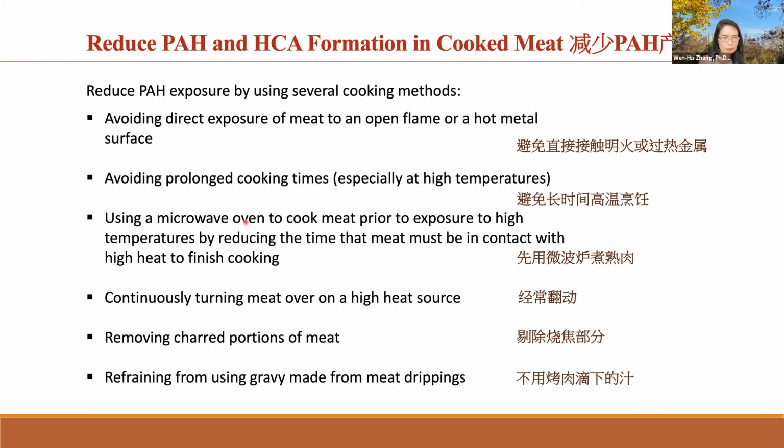And use a microwave oven to cook meat prior to exposure to high temperatures. That will help reduce the time the meat will be in contact with the high heat. And turn meat over continuously so that it's not exposed to the open flame or hot metal surface constantly.